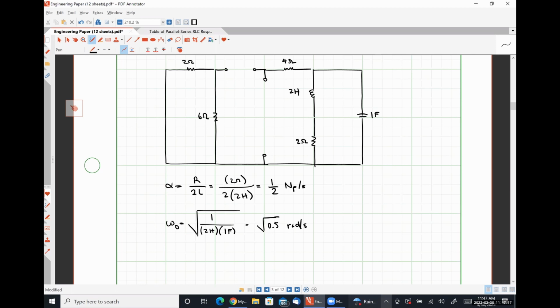Let's find out. If you rationalize it, the square root of 1/2 is square root of 2 over 2, or 0.707 and so on. So alpha is less than omega naught, implying that this circuit is underdamped.